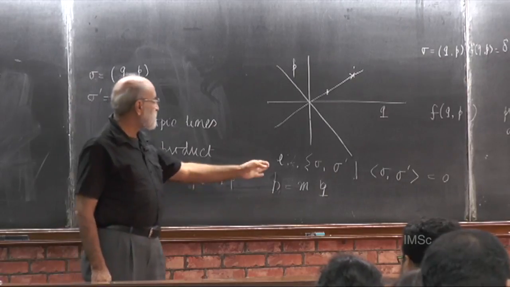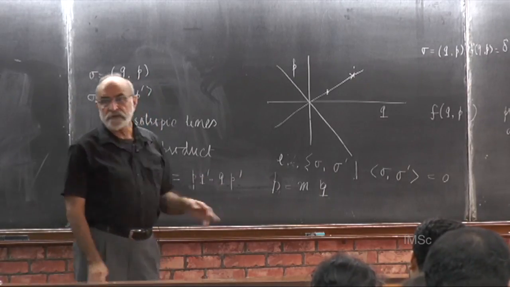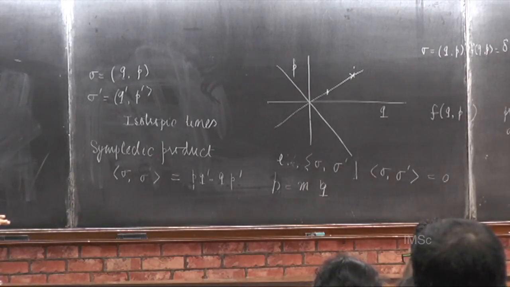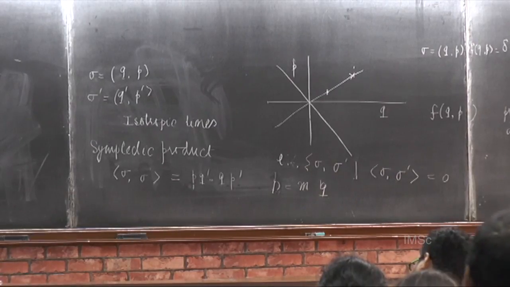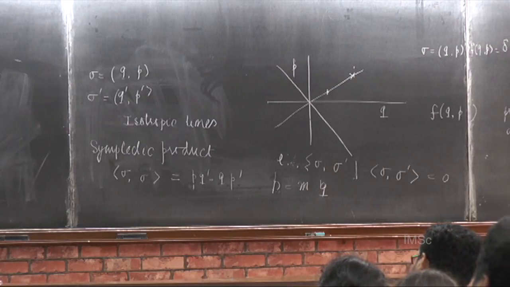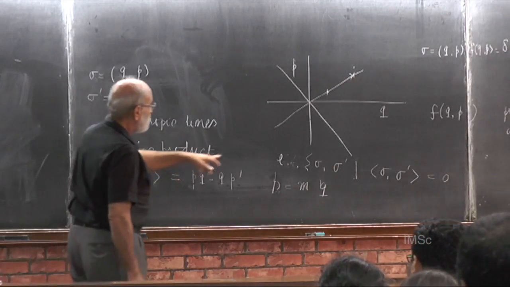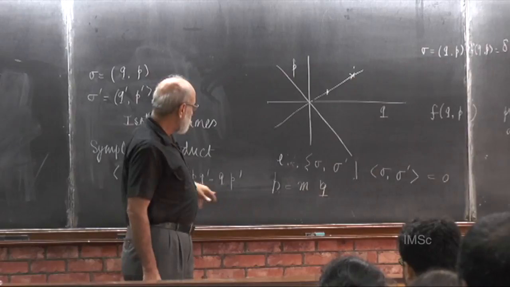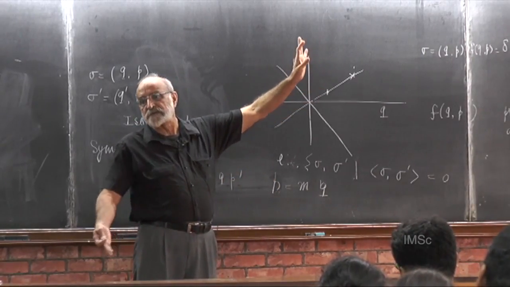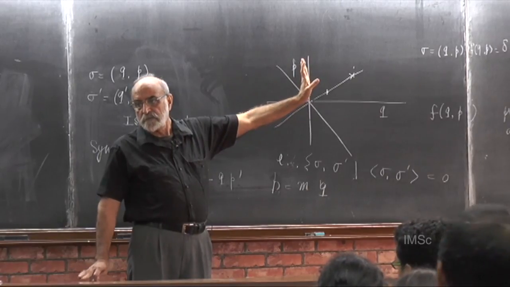These lines should be the lines through the origin, not any two points. Yes, they will go through the origin because the symplectic product of the origin with every other point is actually 0, right?